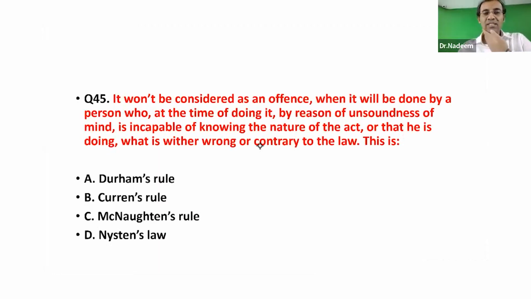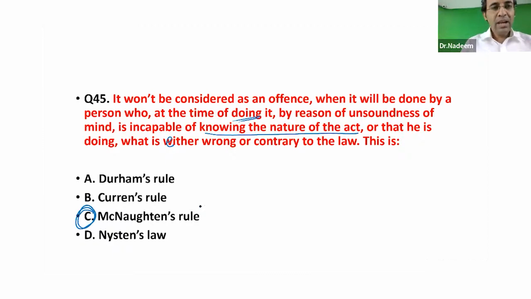It won't be considered an offense when it is done by a person who, at the time of doing it, by reason of unsoundness of mind, is incapable of knowing the nature of the act, or that he is doing what is either wrong or contrary to the law. This is called McNaughton's rule.